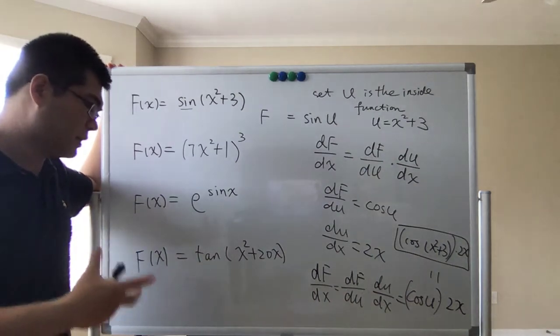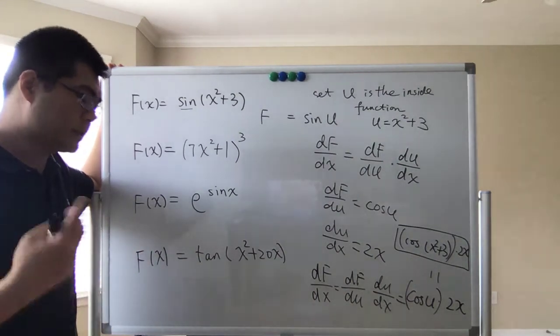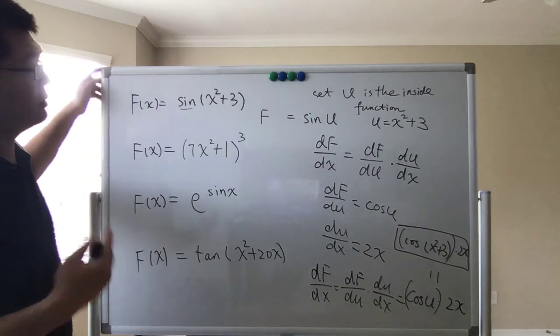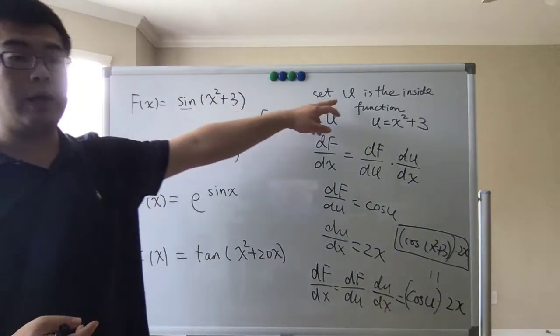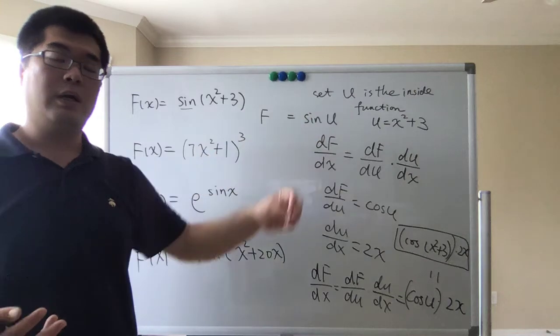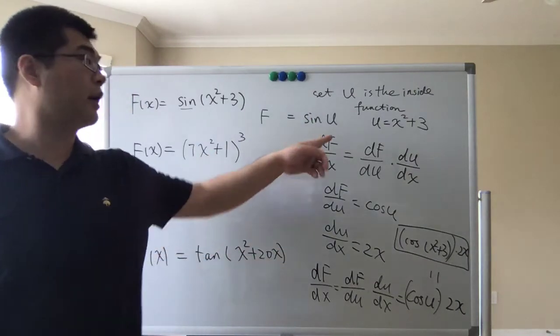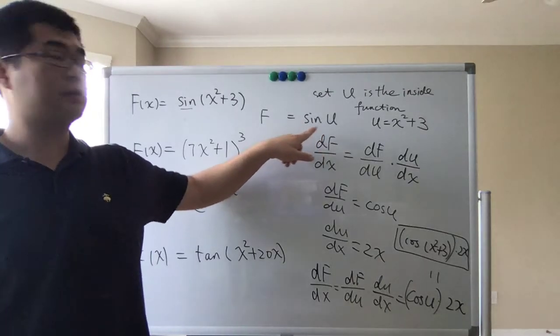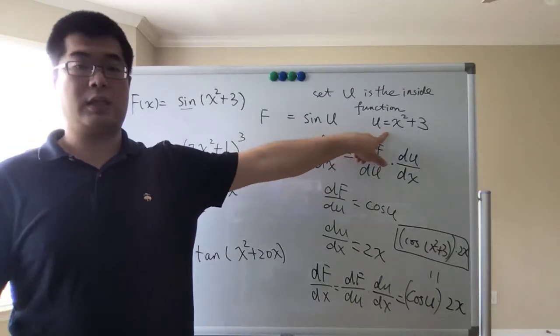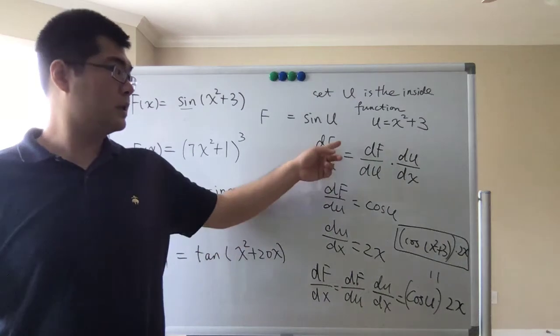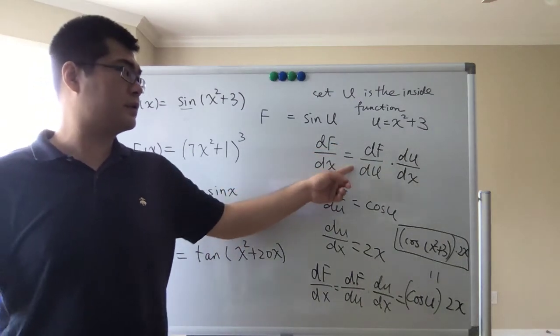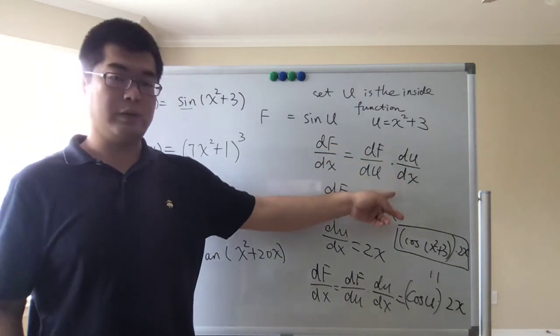It uses the outside function and the inside function. The second way to interpret the chain rule, which is the way I just talked about, is I set u equals the inside function, and then I make the substitution into my function, knowing that df dx equals df du times du dx.